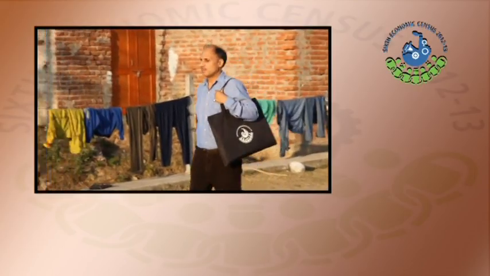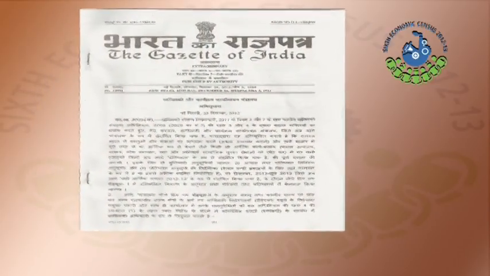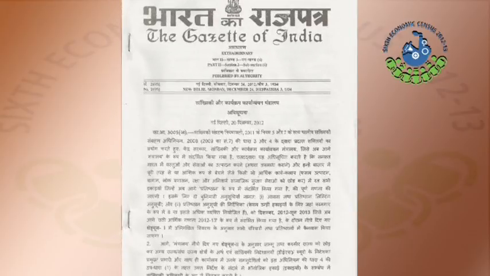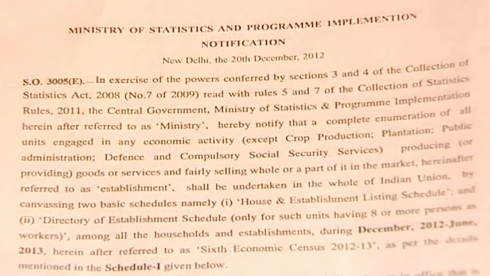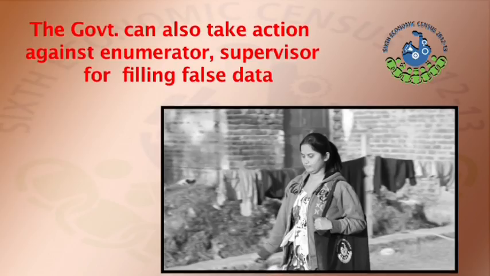In the 6th Economic Census, the task of data collection comes under the Collection of Statistics Act 2008, meaning the task is purely governmental. A person not giving information or giving false information is liable for penalty or can be charged with a punishable offence by the government.